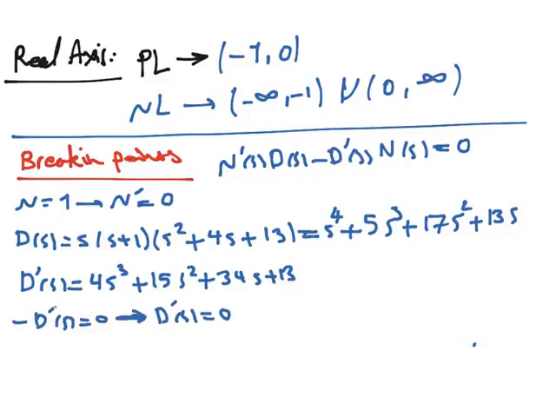So we need to solve this equation to see what values of s satisfy it, d prime equal to 0: 4s^3 plus 15s^2 plus 34s plus 13 equal to 0.